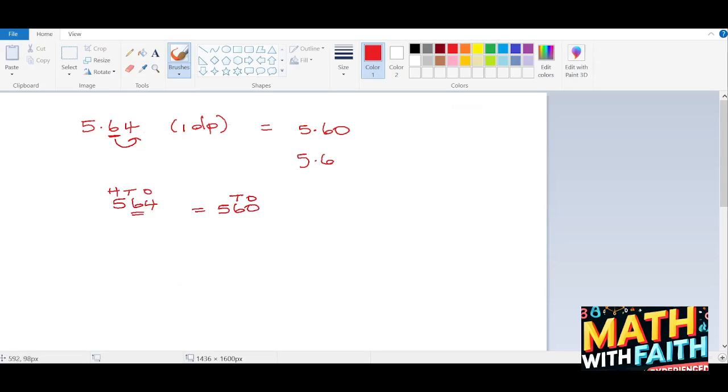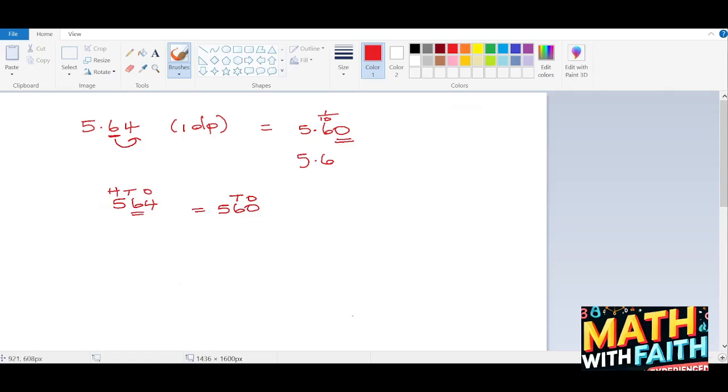But in the decimal places, it's a little different because this 0 does not add any value. It does not change that this is in the 10th column. This will still be in the 10th column if we do not put the 0. So we don't have to fill in the rest with zeros for the decimal places. I hope that is understood.